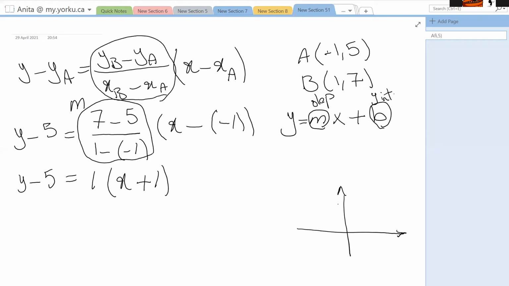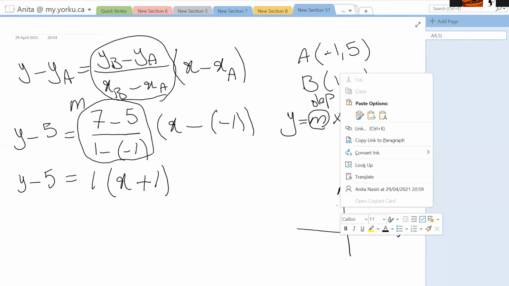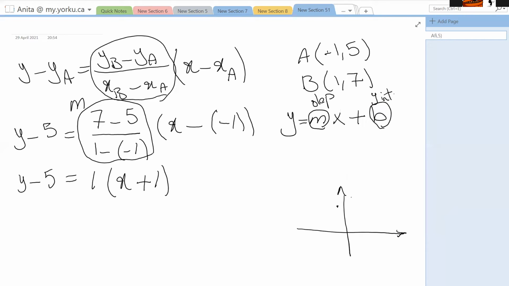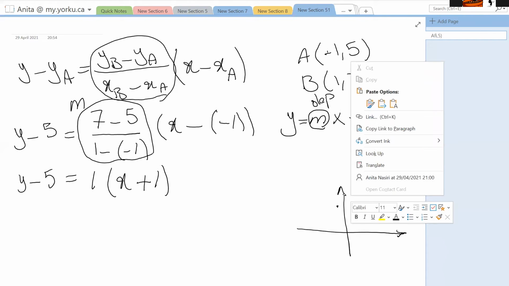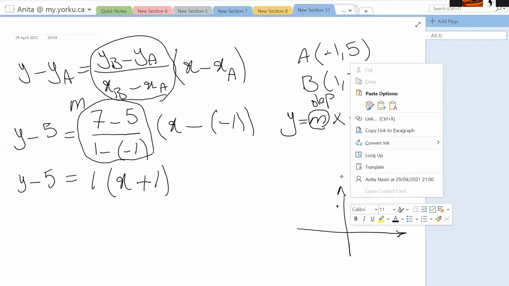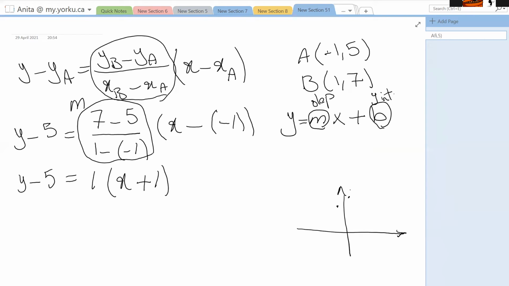So, for example, this line crosses the y-axis at this point. That is called y-intercept. You understand what I'm saying? So y-intercept is the point where the graph hits the y-axis.